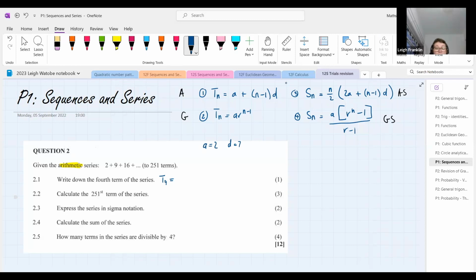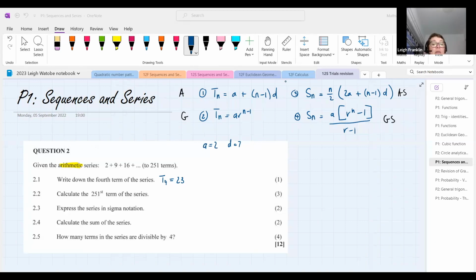That would be a plus (n minus 1)d, or easy enough, we can just say 16 plus 7, and it would end up being 23. So you've worked out the nth term already. That's fine, but we didn't need the nth term to be able to do this.